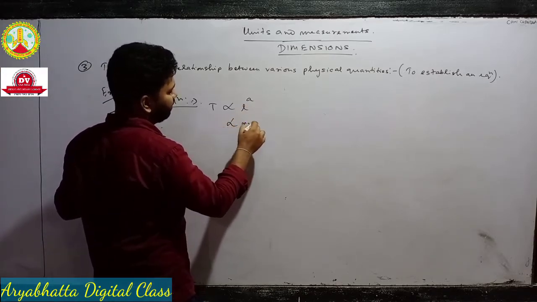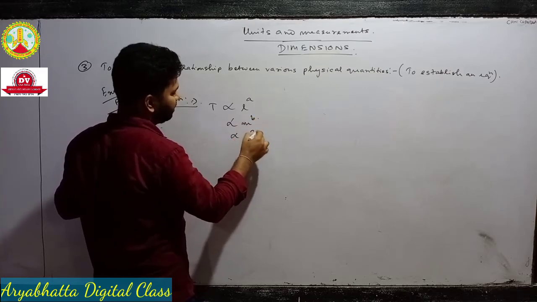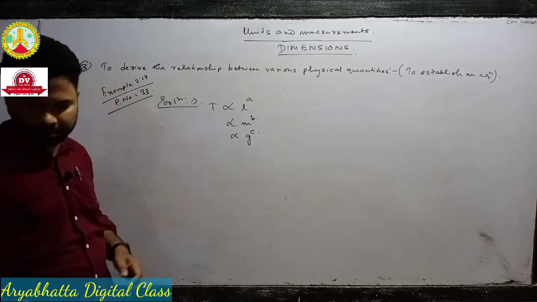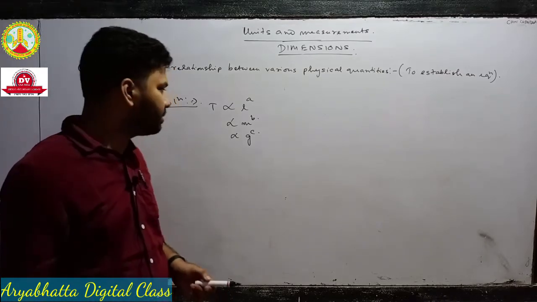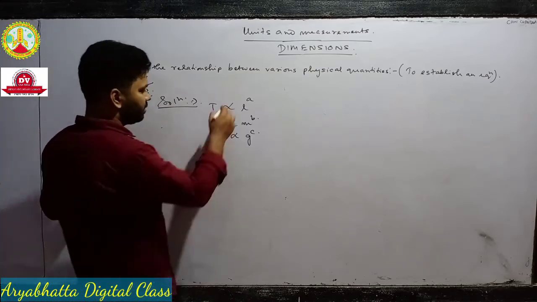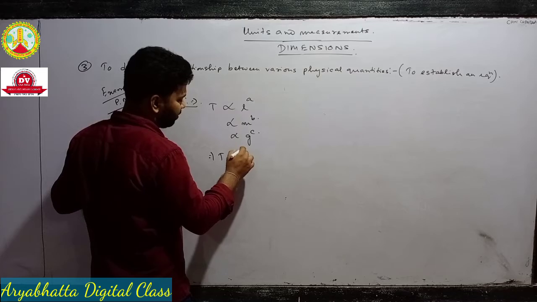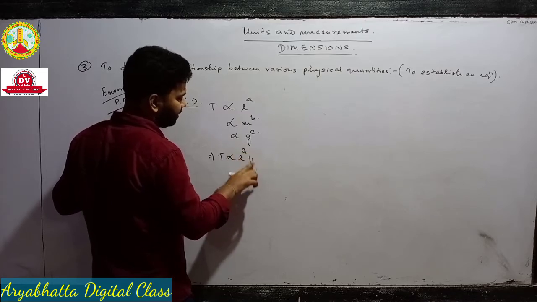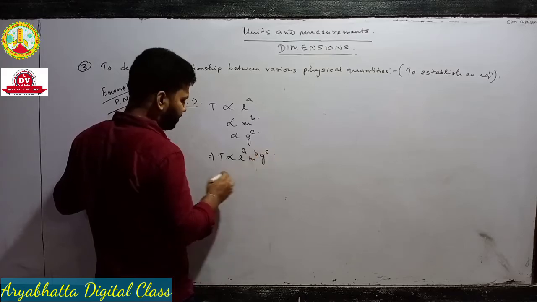It depends on mass, so m to the power b. It depends on g to the power c. So from here we can write T is proportional to L to the power a, m to the power b, g to the power c.